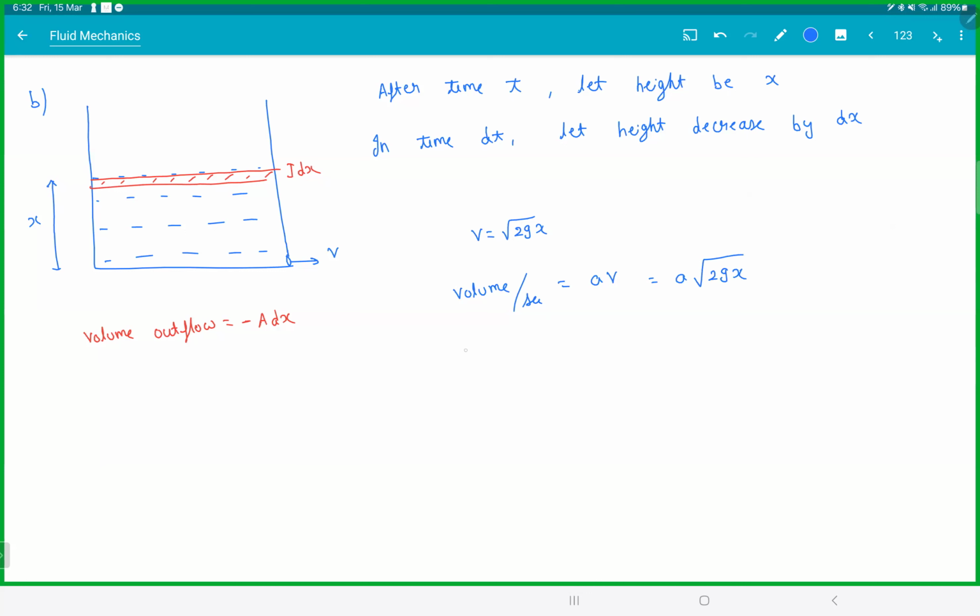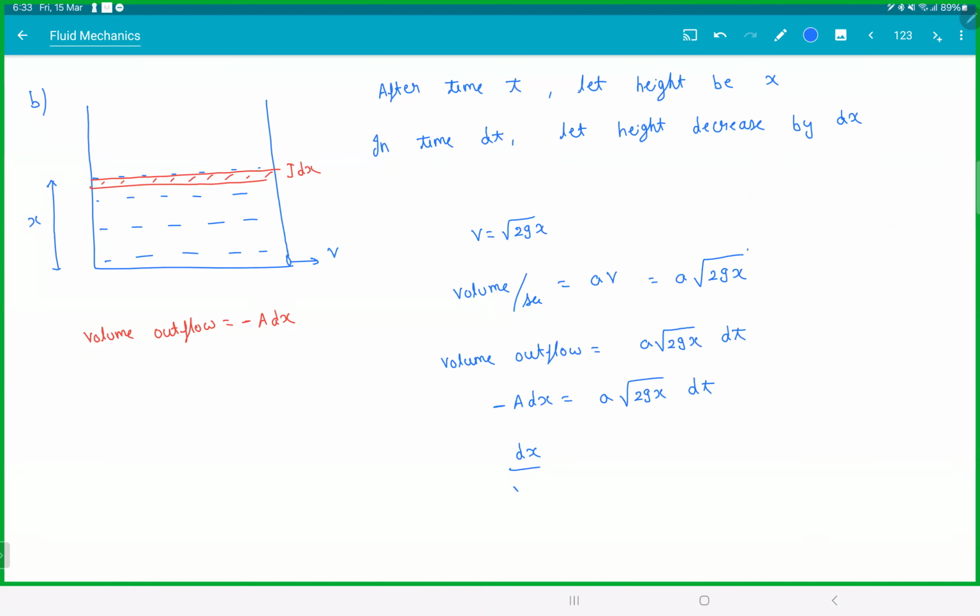Therefore, that's the volume flowing out per second, a into root 2gx into small time dt. Agreed? This much liquid is flowing out per second, and if you multiply with time, you will get the liquid flowing out in small time dt. And this would be minus A dx. This is a root 2gx into dt.